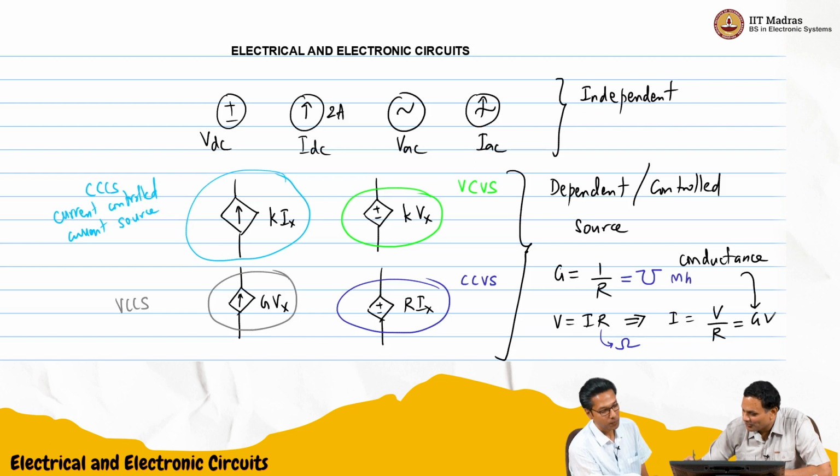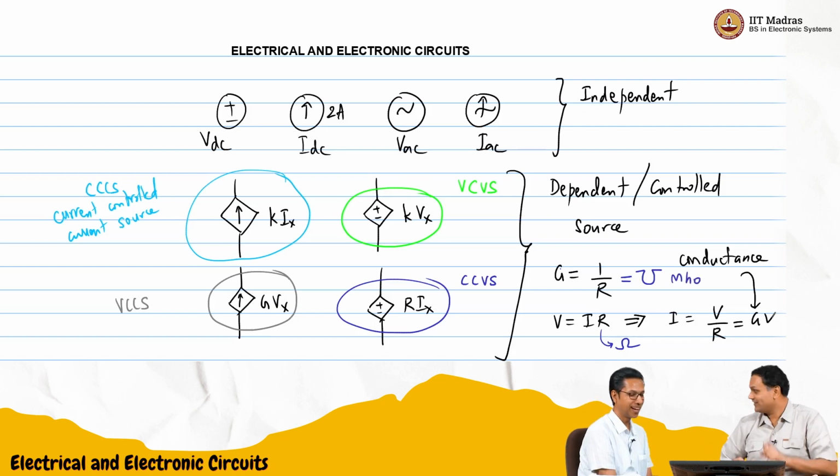A lot of people, at least earlier circuit theorists, used to use mho. I think it was just the inverse of ohm, right? And they flipped the symbol also. But a lot of electronics people also use the SI unit, which is not mho, apparently. I read in a textbook that the SI unit is capital S, Siemens.